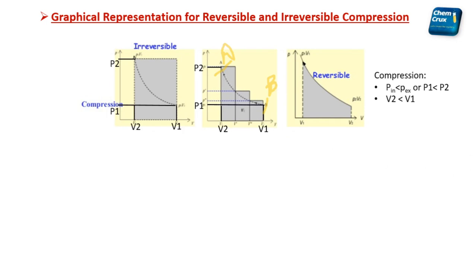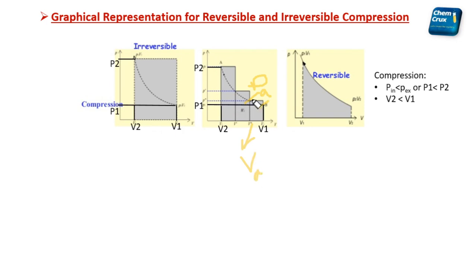Now if we find out the work done for the first step, here pressure has increased from say P1 to PA and volume has decreased from V1 to say VA.